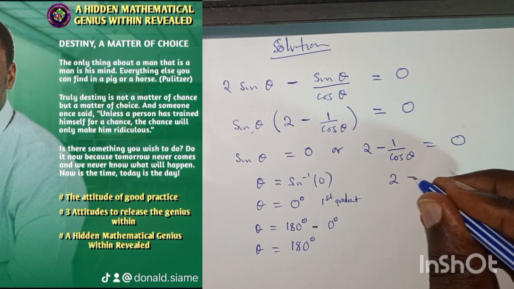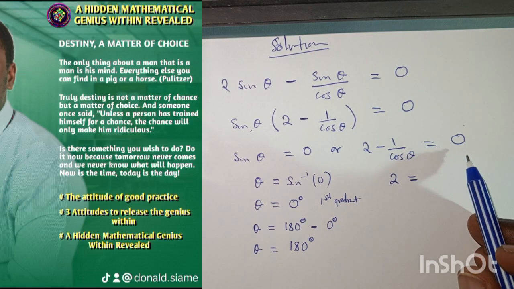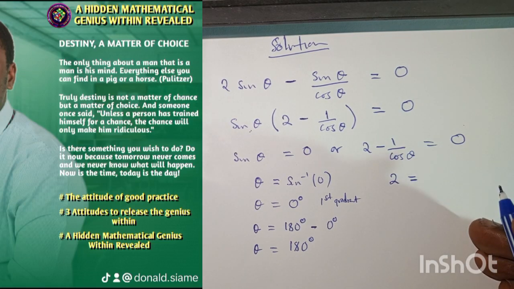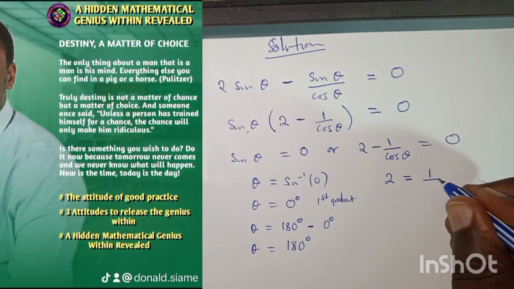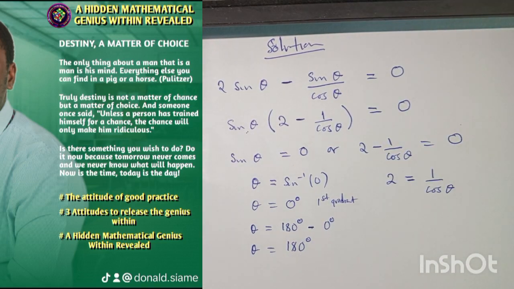So we have 2 is equal to 0 plus 1 over cos theta, which gives just 1 over cos theta. Now since we have a fraction this side and an equal sign, we can just cross multiply. So this can be over 1.